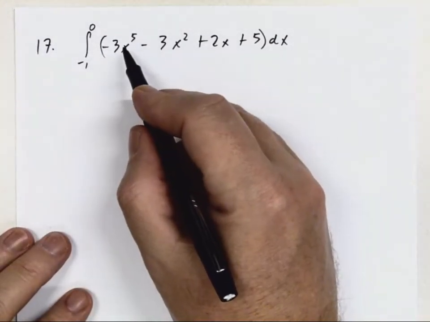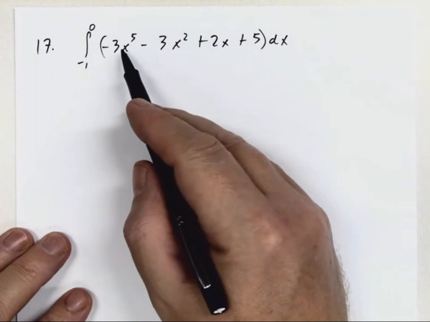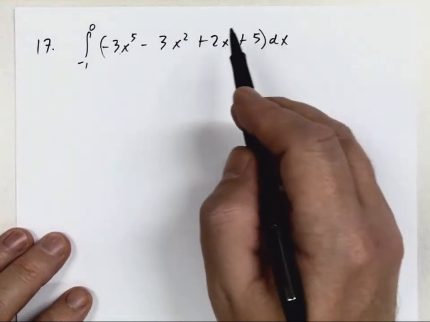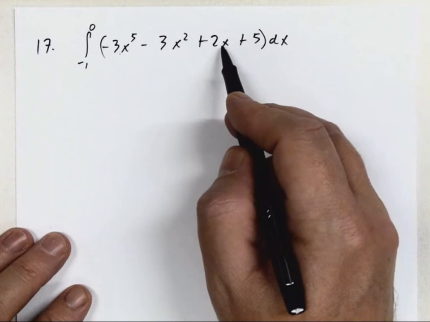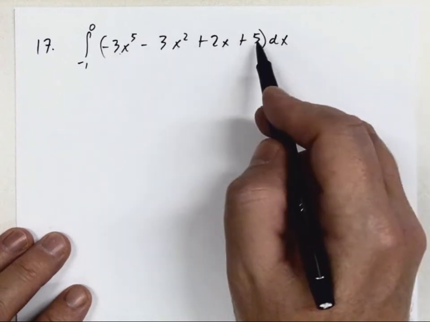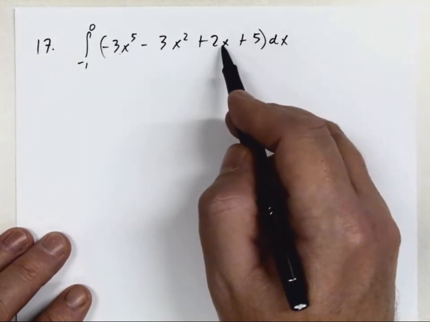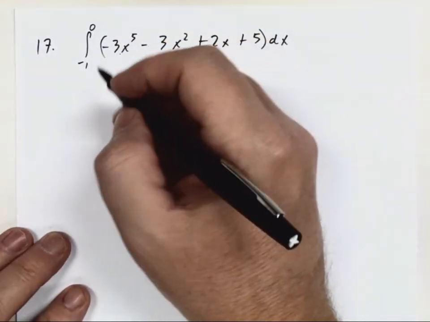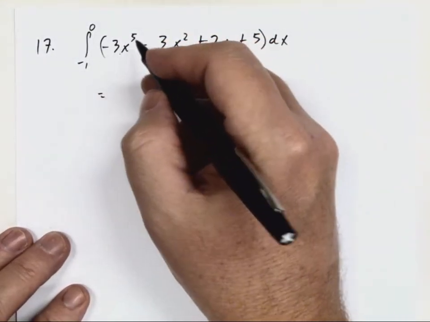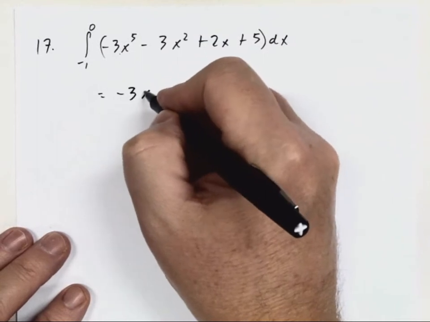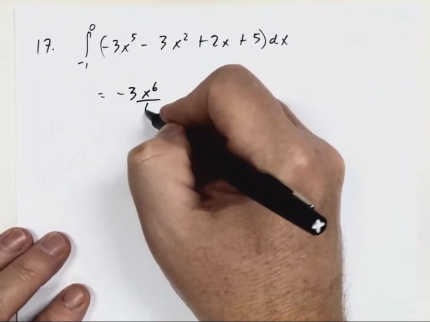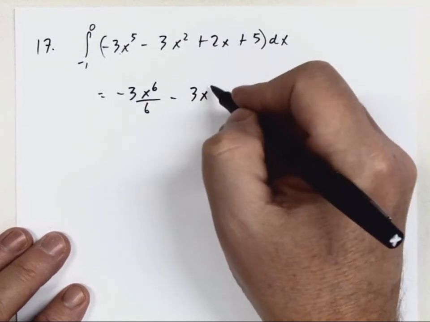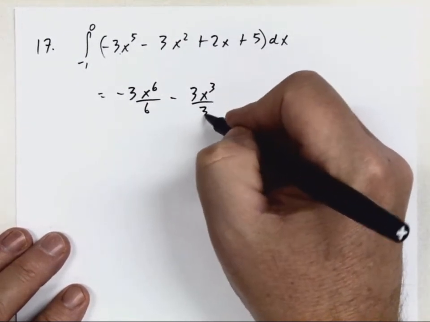Now looking at the integral part of it, I think it's pretty straightforward. These are 4 separate terms. Looks like they're all, well, I say that, but then I realize this one. These were all going to follow the power rule, but not this one. That looks like something that'd be in a log. So this first one, x to the 6, 6 on the bottom, minus 3, and then x cubed, 3 on the bottom.